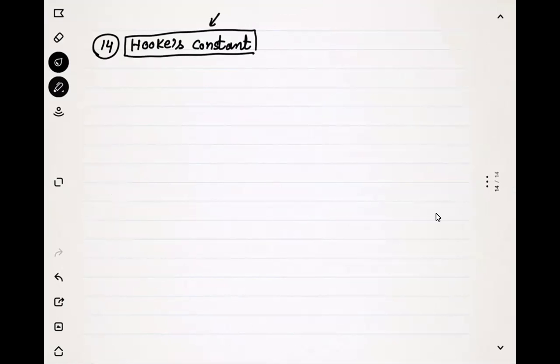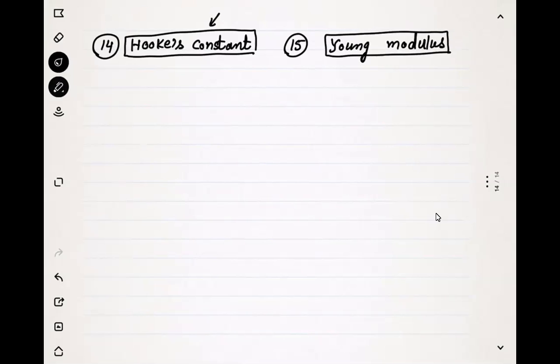So right now, I will try to explain Hooke's constant and Young modulus in a very understandable way, what they are, what they represent, and all of that. They both represent the same thing, stiffness. And here I will say stiffness is difficulty in extending something.